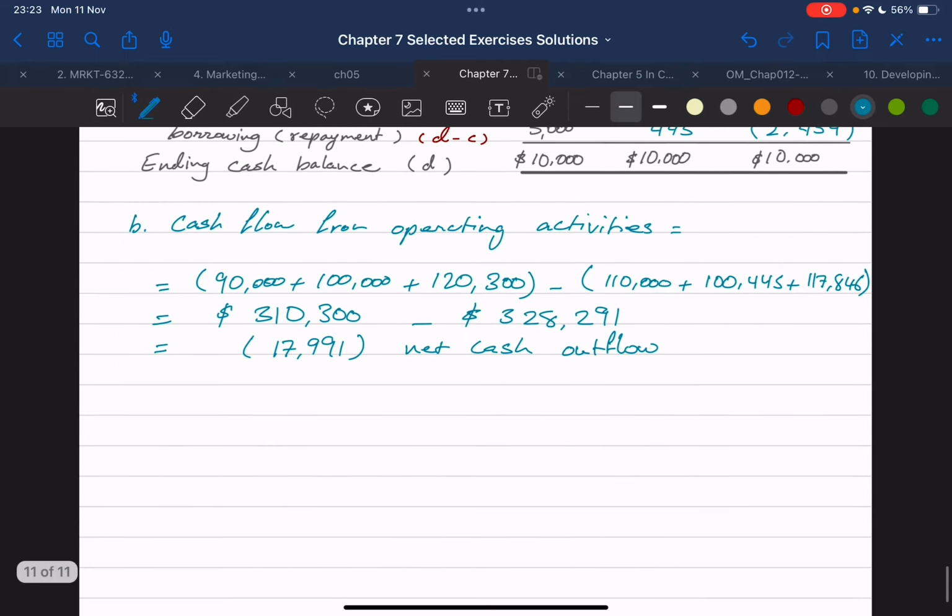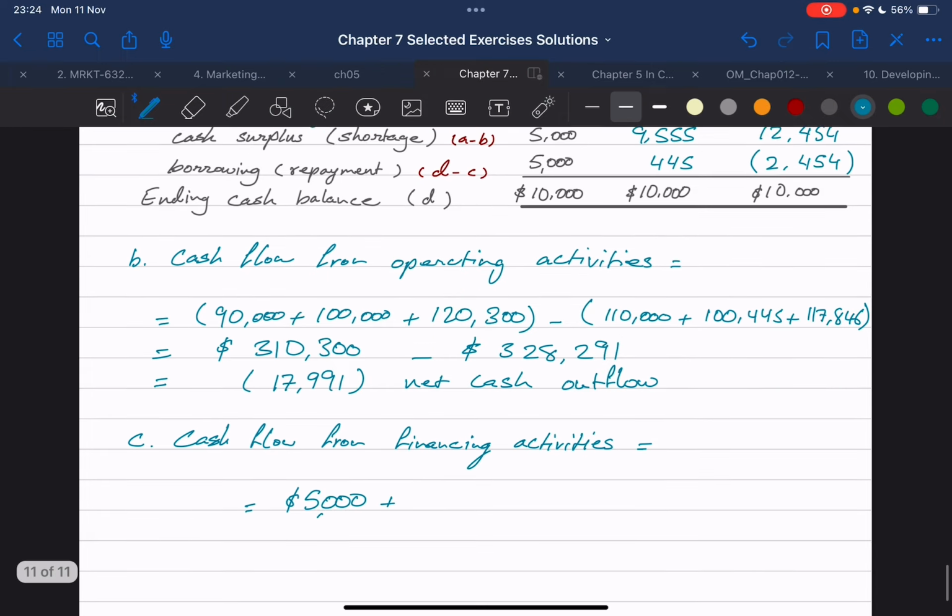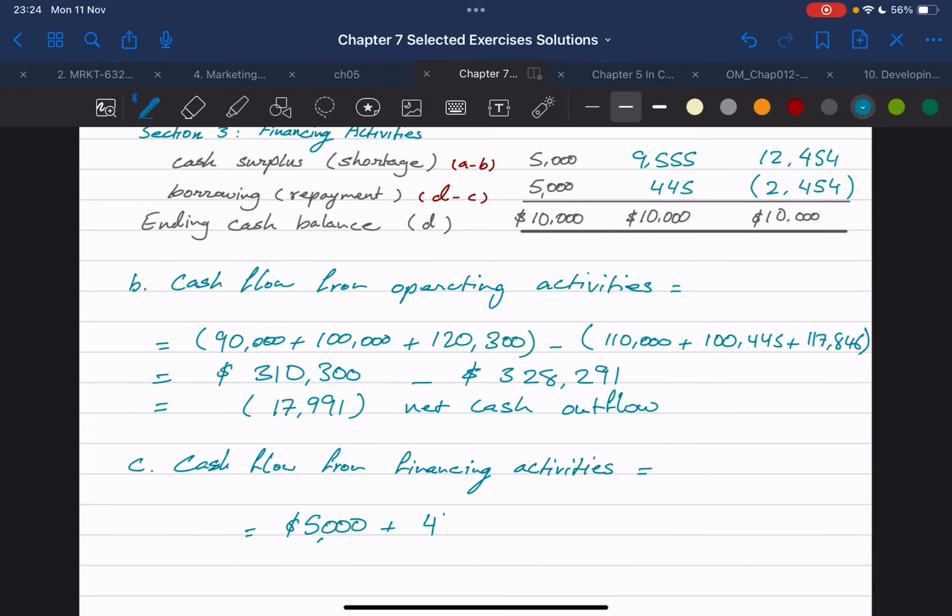So I'm going to say part C, cash flow from financing activities is equal to $5,000 plus 445 minus 2,454.